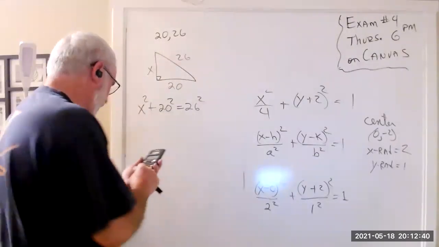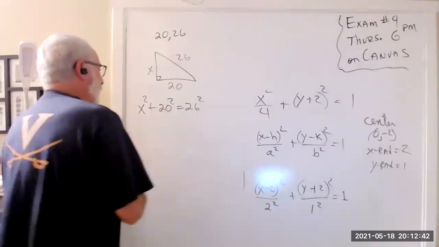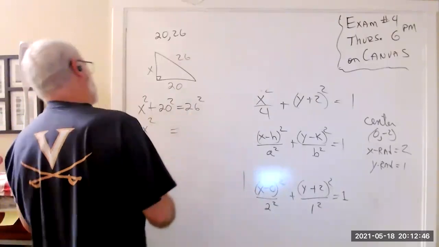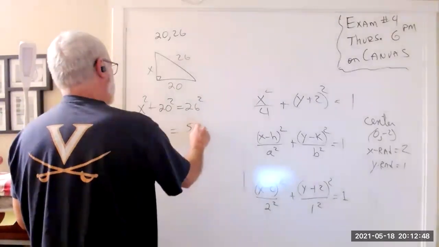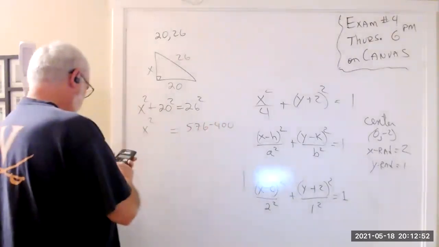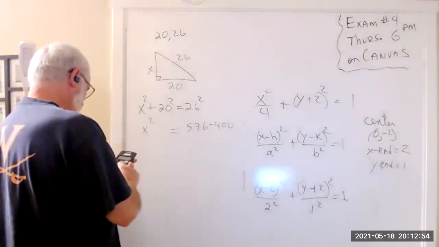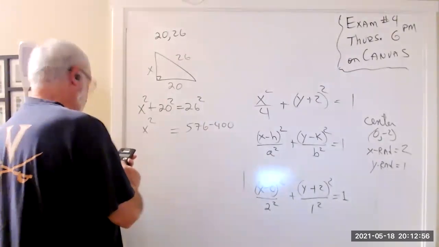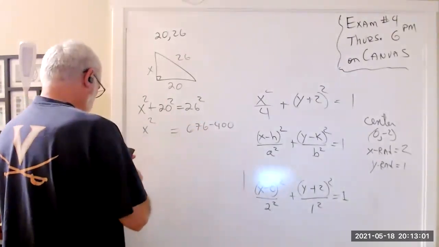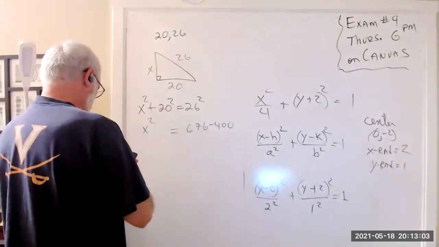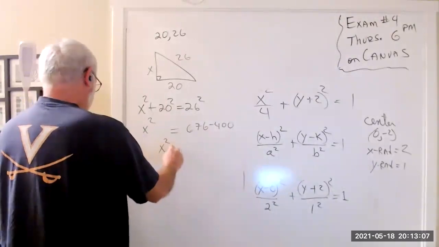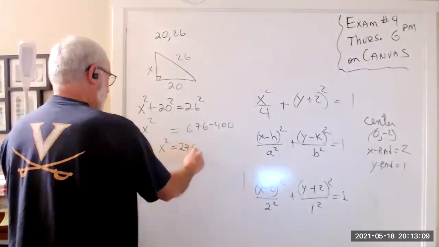So what's 26 squared? I got 676. Take away 400. So I have x squared equals 276.